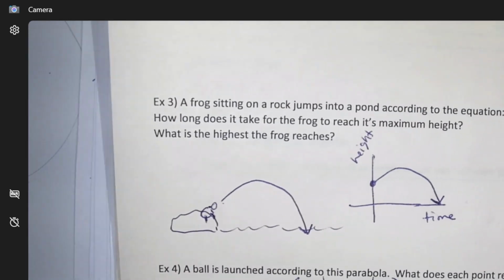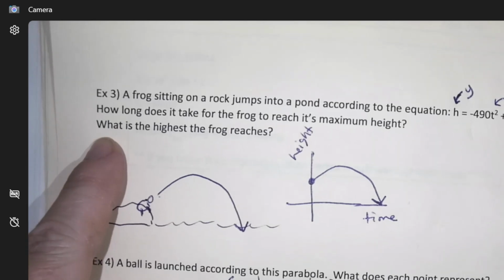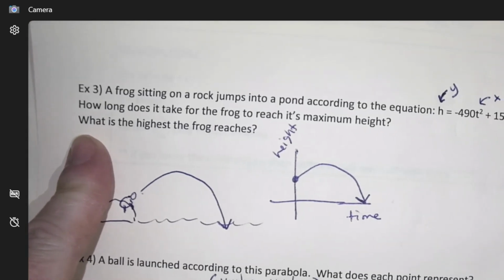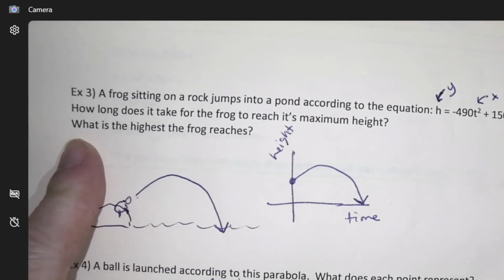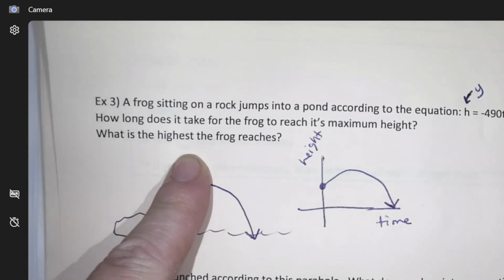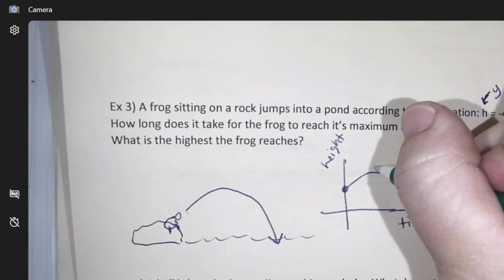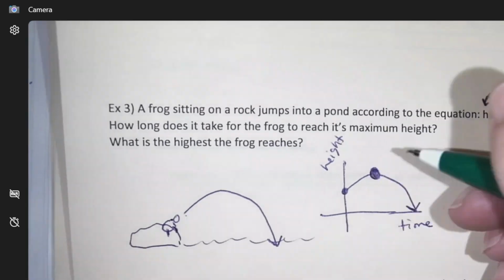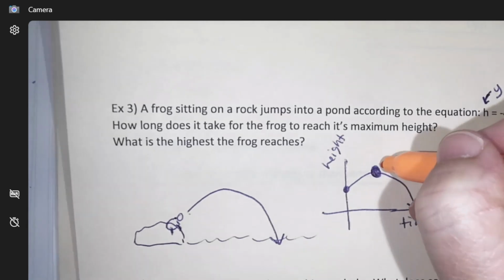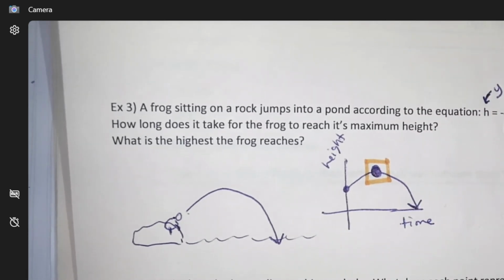So I have two questions. How long does it take for the frog to reach its max height, and what is the highest the frog reaches? So I want to know all about that, which is a vertex.